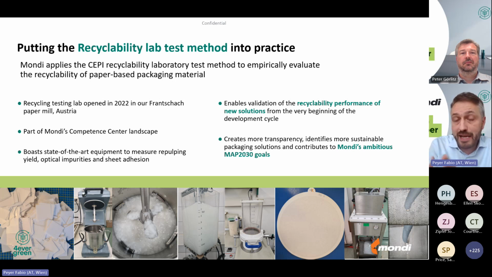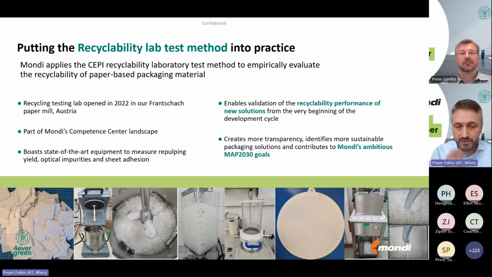To do that, we apply the CEPI recyclability lab test method that was mentioned several times in the previous presentation. If you're familiar with the method, and as Peter showed in one of his slides, you will recognize some of the equipment in the pictures at the bottom of the slide.